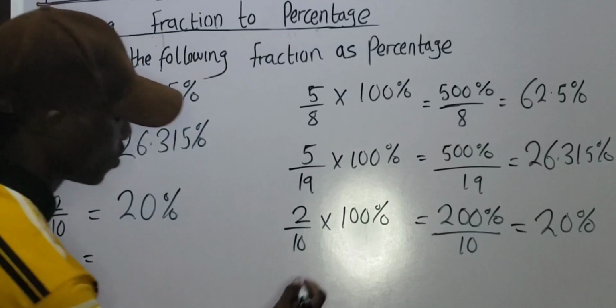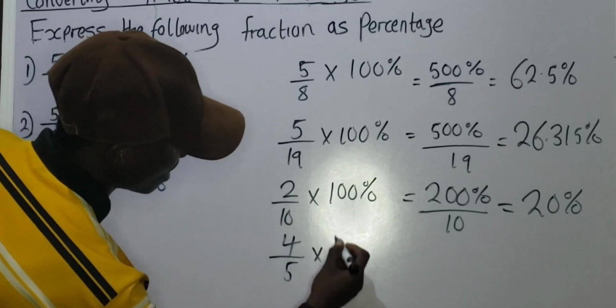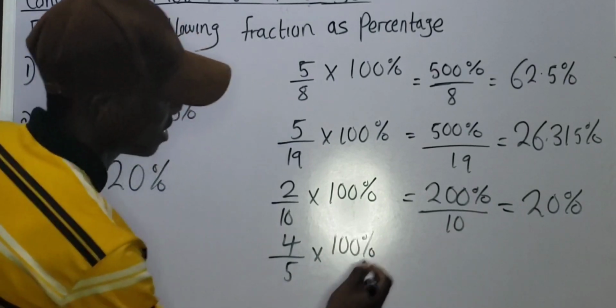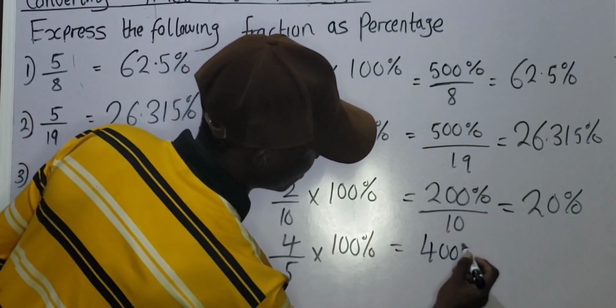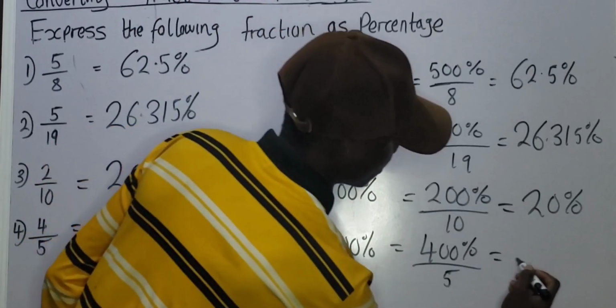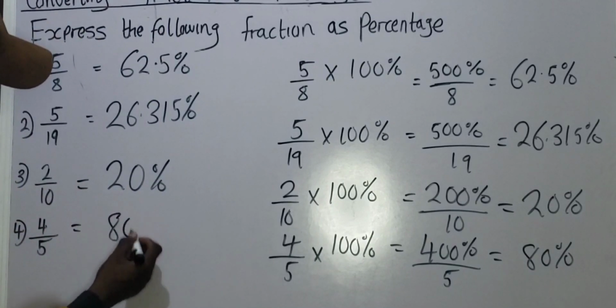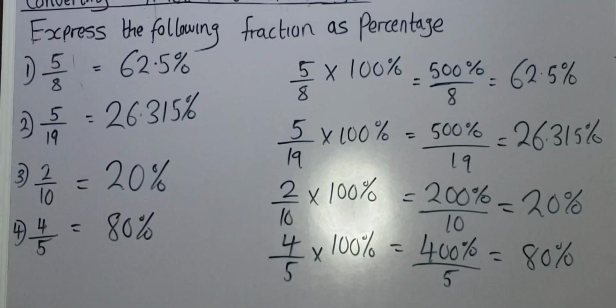Okay, so for this, I'm going to have 4/5 multiplied by 100%. So I'm going to have 400% all over 5. This is what? 80%. So the answer here is 80%. Do you understand?